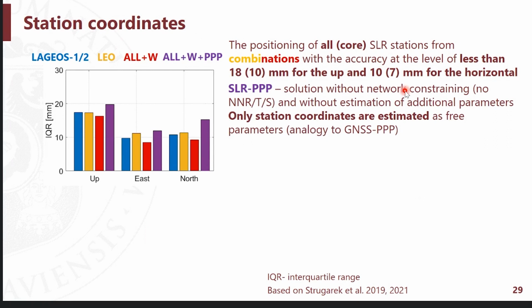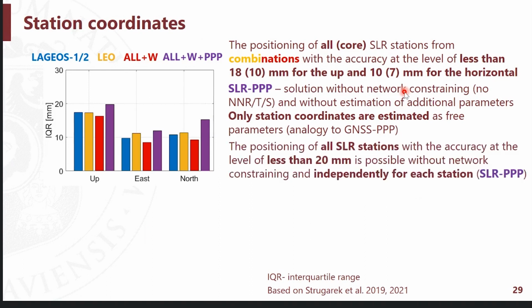Also, I've tested the SLR PPP solution. Here only station coordinates were estimated, and we may notice that they allow for positioning at the level of less than 20 millimeters for the up component and less than 15 millimeters for horizontal.